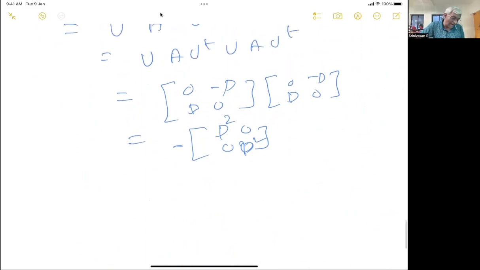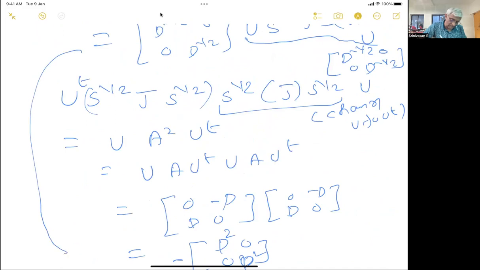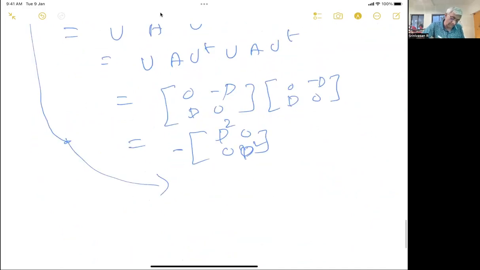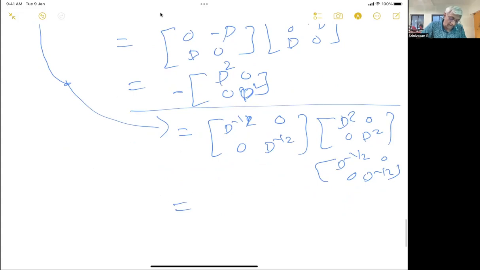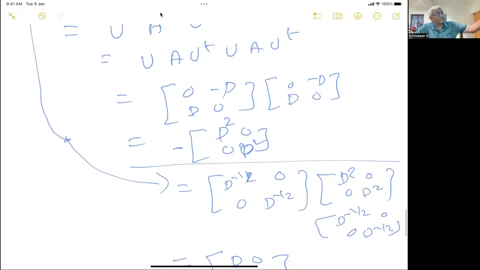The final thing is equal to d power minus half 0, 0, d power minus half, d square 0, 0, d square, d power minus half 0, 0, d power minus half, which is of course all diagonal. You can multiply the diagonals, which is just d 0, 0 d. It should be d square. If you have two symmetric matrices, it will give a symmetric matrix like this. But there will be a minus there, and that minus will cancel with the other minus already there. Okay, so the calculation is correct.